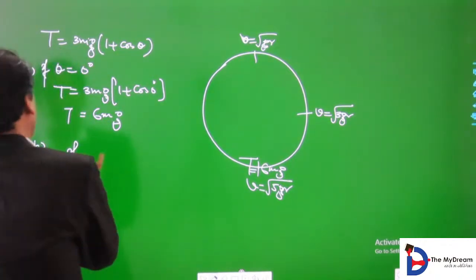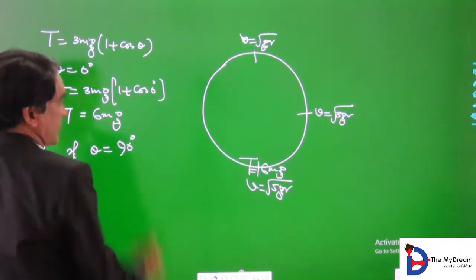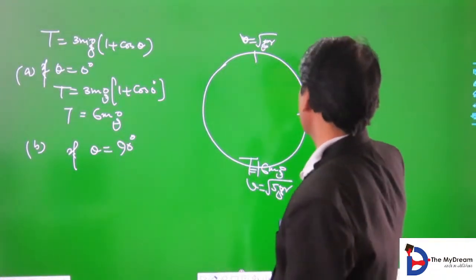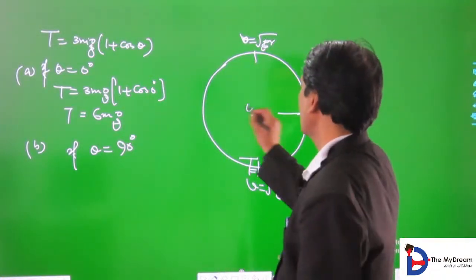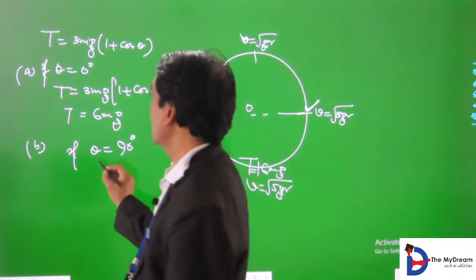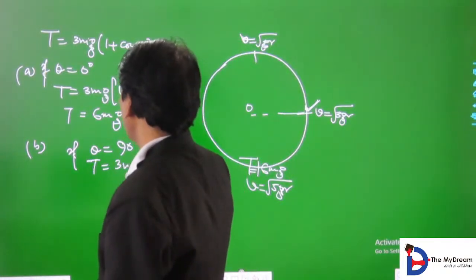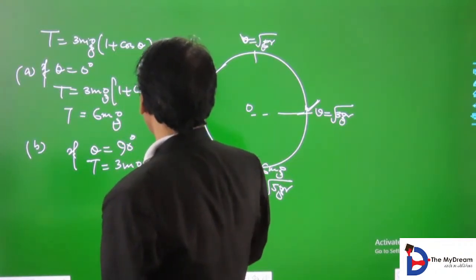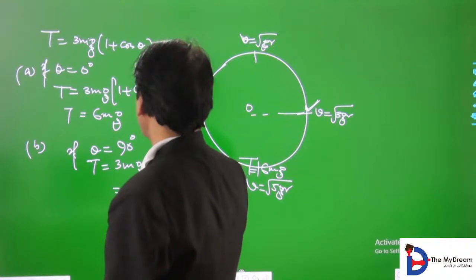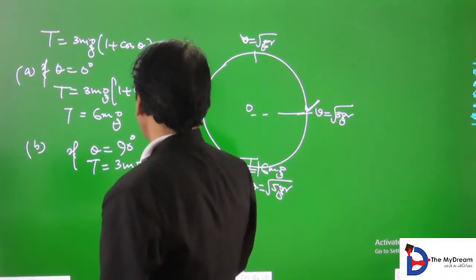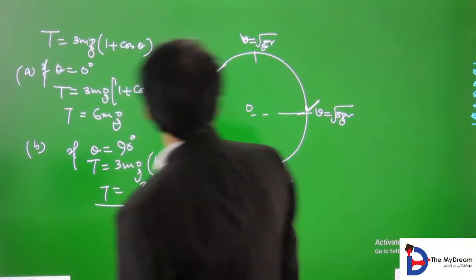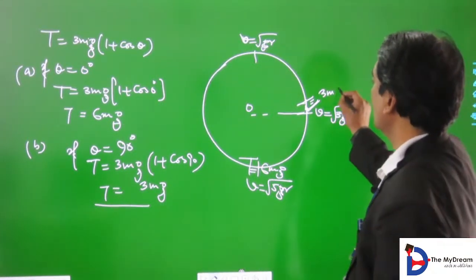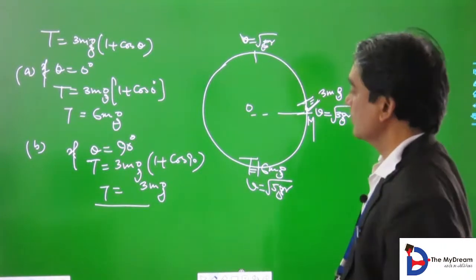If theta is equal to 90 degree. It means perpendicular at this position. T is equal to 3mg(1 plus cos 90). Cos 90 will become 0. Then you will get thrice of mg. यहाँ पर टेंशन कितनी होगी? 3mg इस पोजीशन.